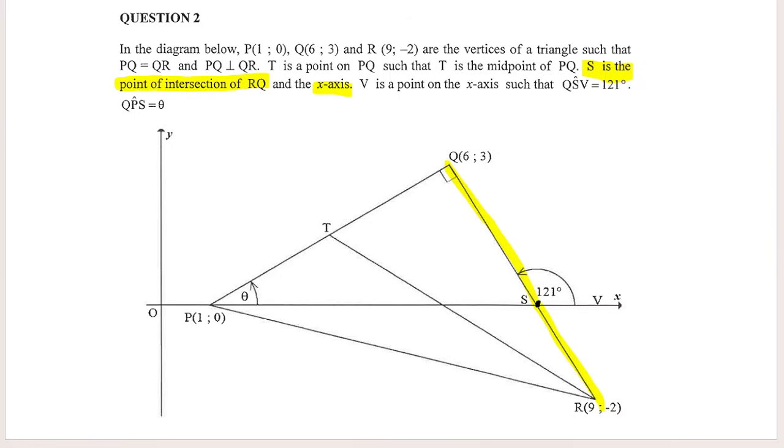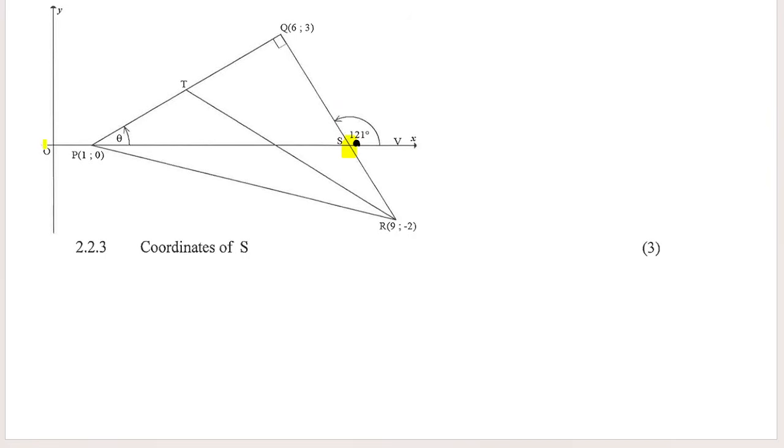Now, grade 10s, there are a lot of different ways that we can get coordinate S. I'm going to share a few with you, but you can do everything from using trigonometry, using the gradients of lines. We can find the equation of QR and look for the x-intercept. So I'm going to show you three methods actually.